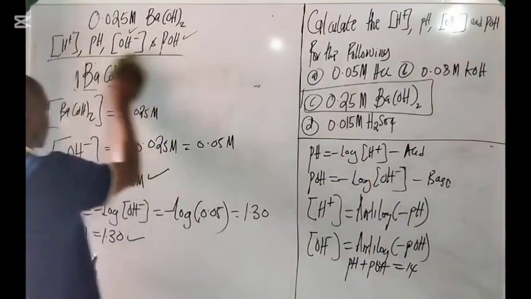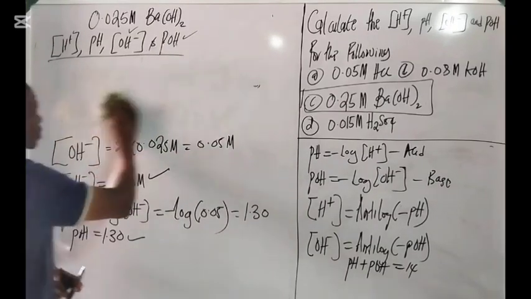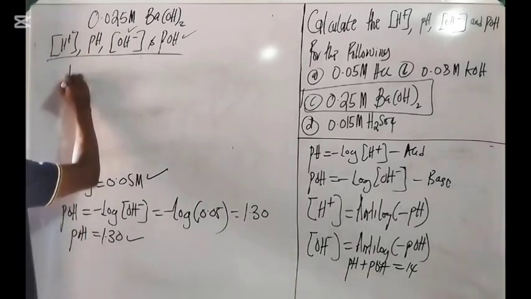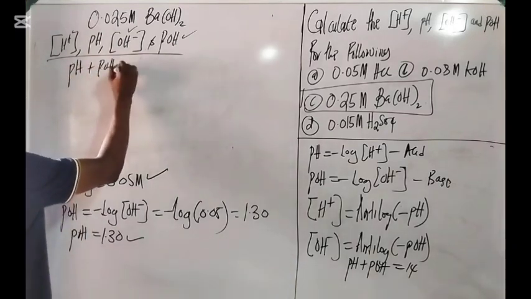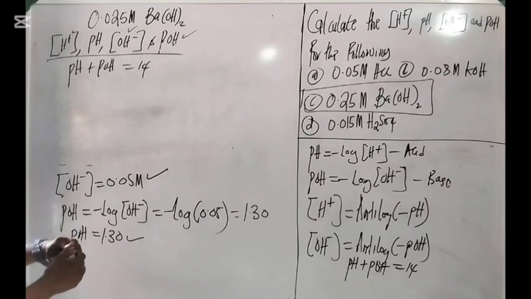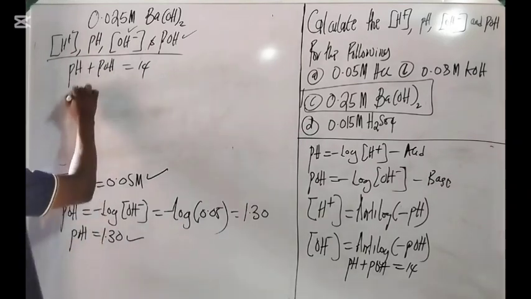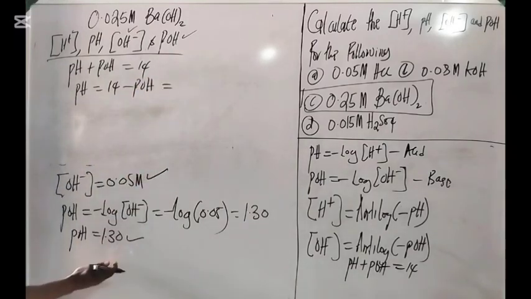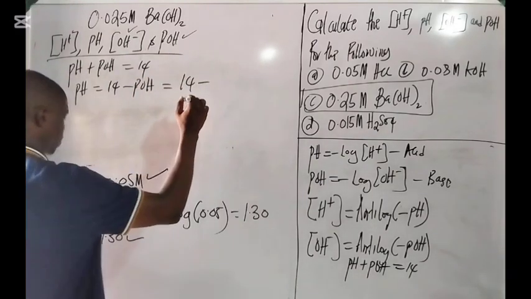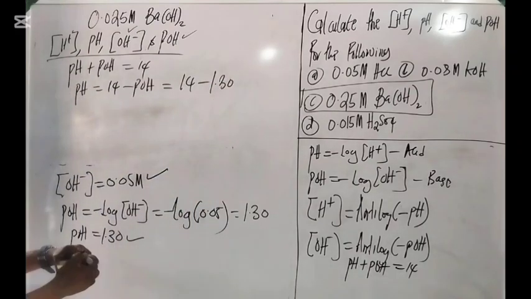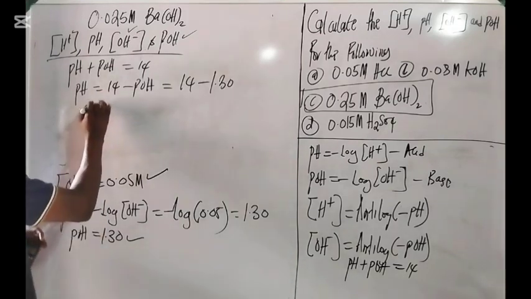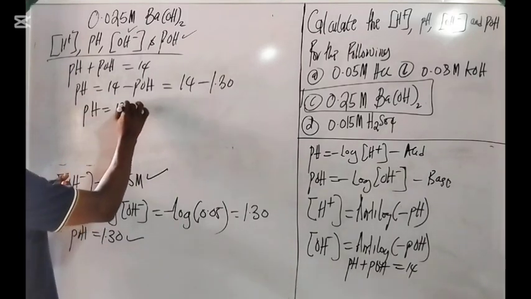So pH equals 14 minus pOH, which equals 14 minus 1.30. Here we have 12.7. pH equals 12.7.